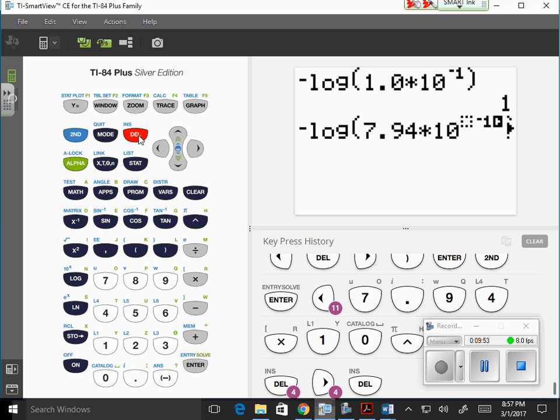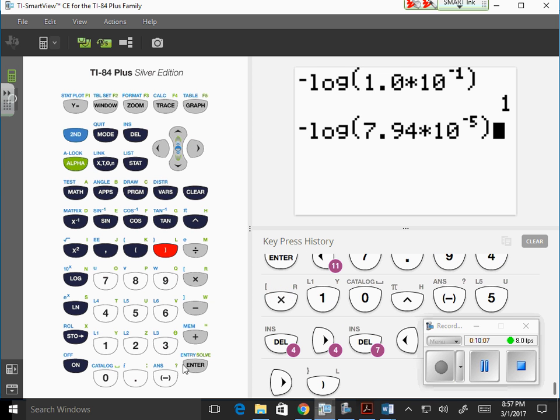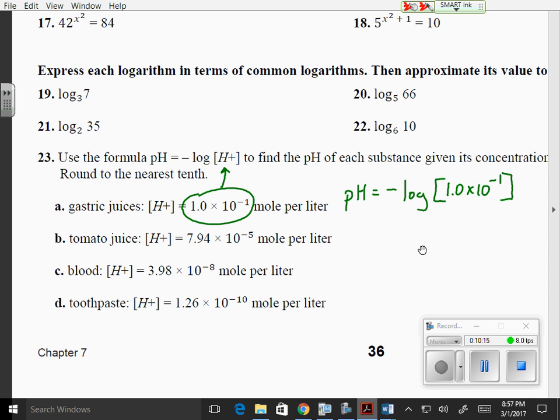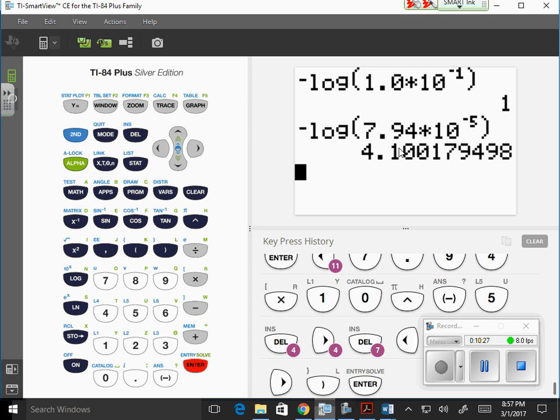Might have been easier just to start over. 4.10017. So if we're asked to round to the nearest tenth, then we would just put 4.1.